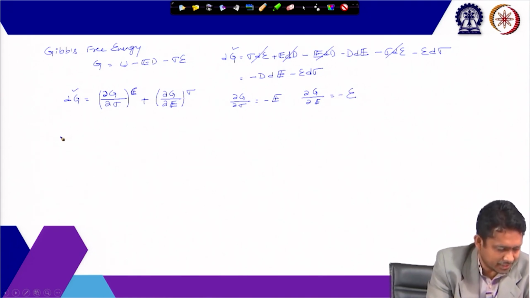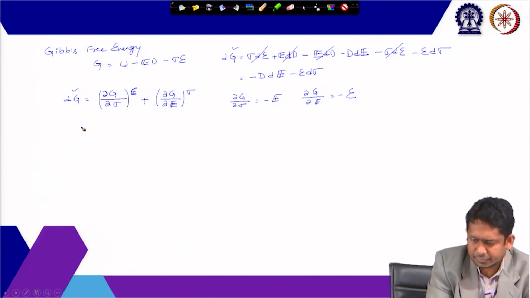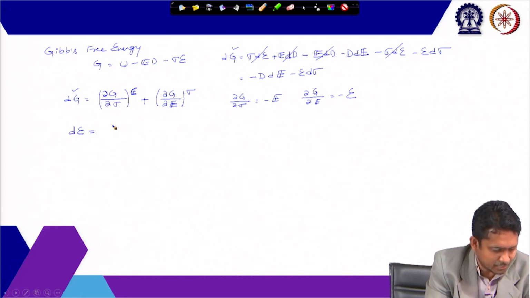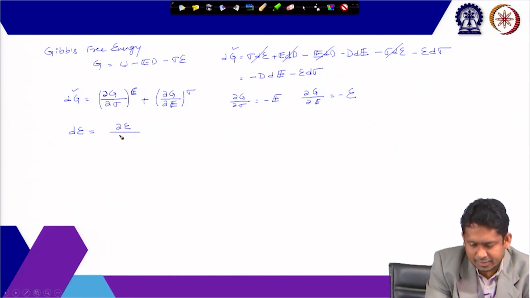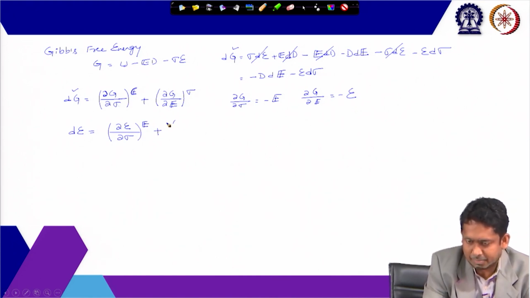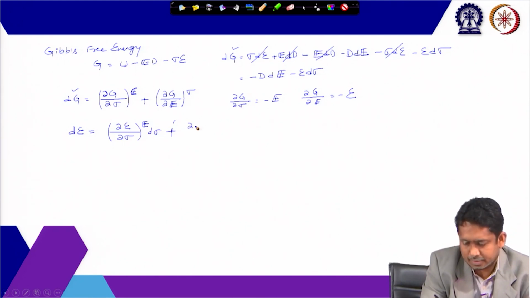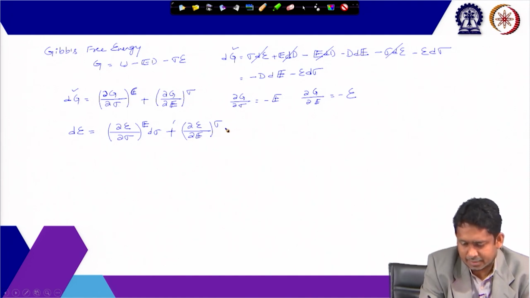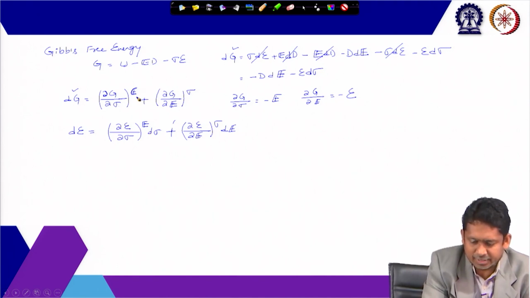Now, we can define a differential quantity d epsilon, which we can define as del epsilon by del sigma, keeping our other state constant, multiplied by d sigma, plus del epsilon by del E, keeping sigma constant, multiplied by d of electric field E. Here one thing: we also need to multiply by d sigma, otherwise the expression is not complete.